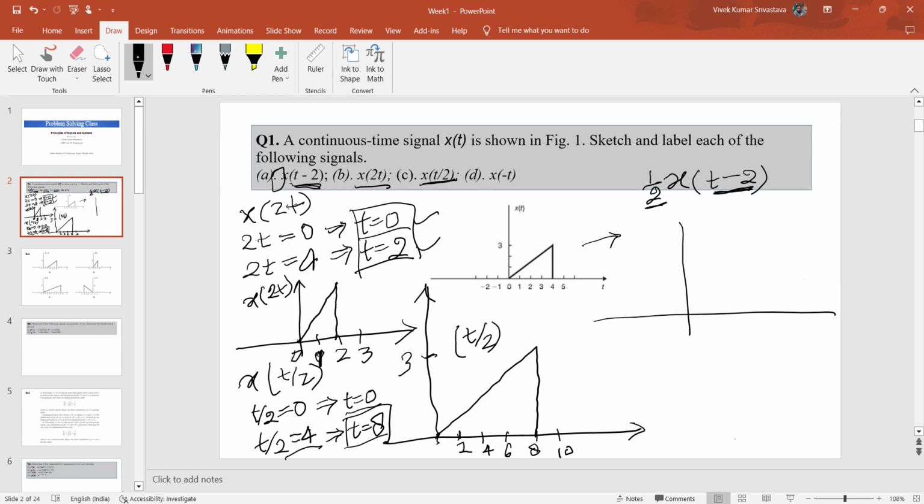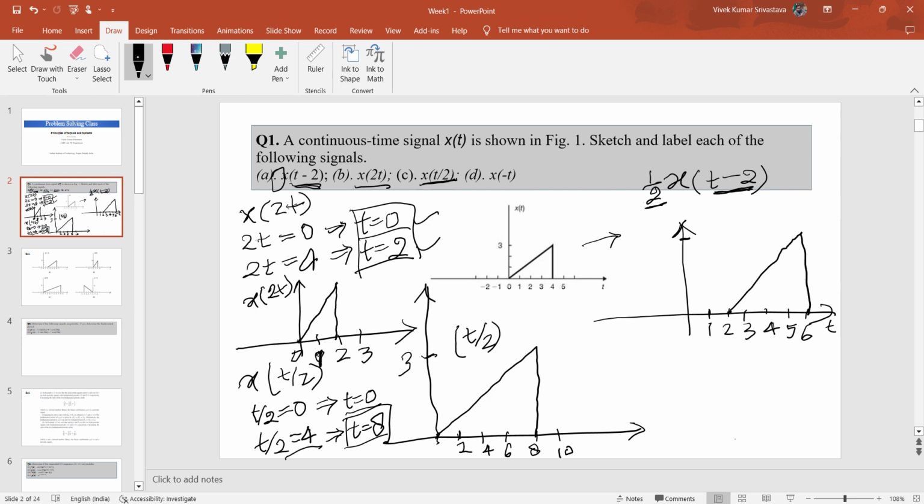Just a minute. This is 1, 2, 3, 4, 5 and 6. So this signal starts from t equals 2 and ends at t equals 6, that is for sure. But here we also have to see the amplitude.